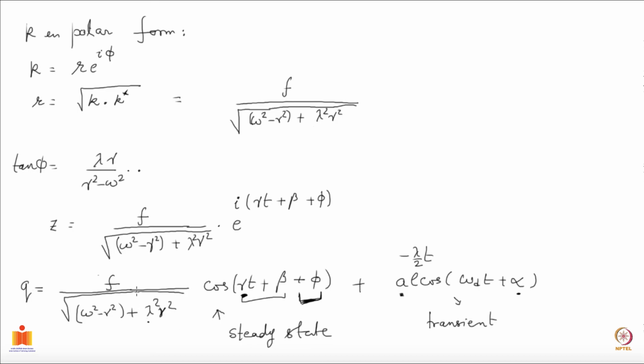This part, the steady state part, there is nothing to choose and fix. Those parts which can be chosen or fixed are present in the transient part, which dies away anyway.